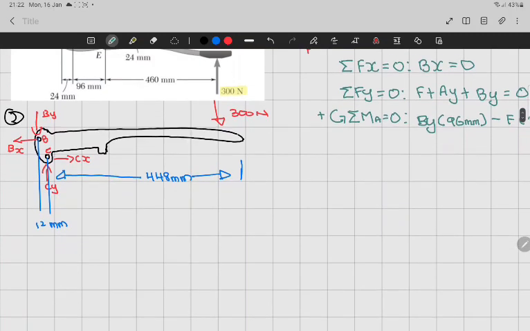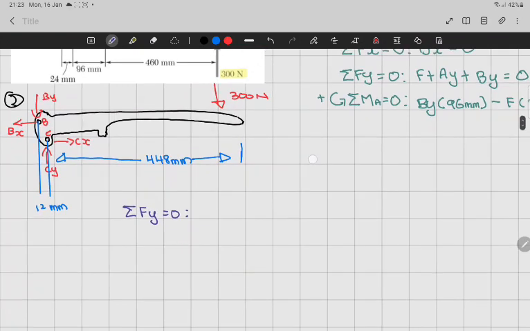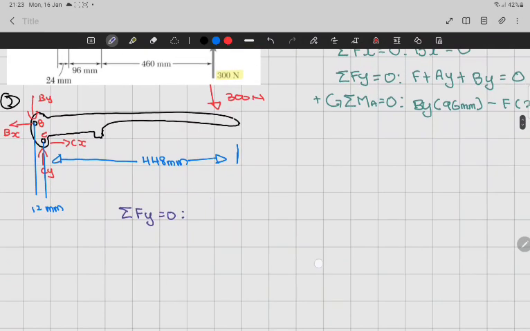So let's do the summation Fy. Fy negative 300 Newton, and Cy is going upwards, so it is plus Cy.